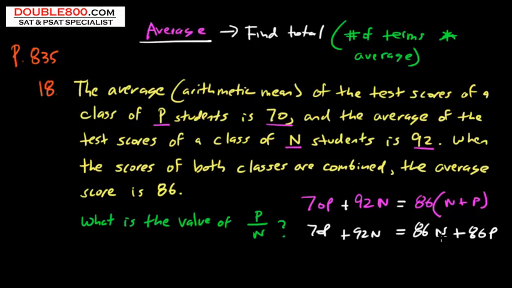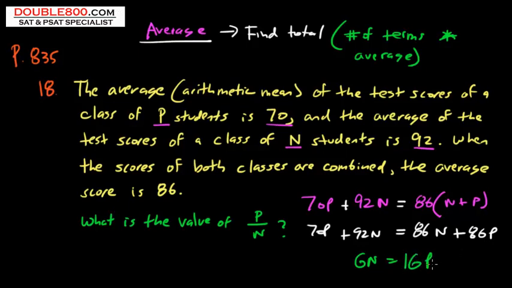So I'm just going to make it easy, I will bring the N's to the left. I'll subtract 86N from the right and from the left, and so the N's combined on the left side is simply 6N. Now we get the P's on the right side. We'll subtract 70P from both sides, and we end up with 16P.